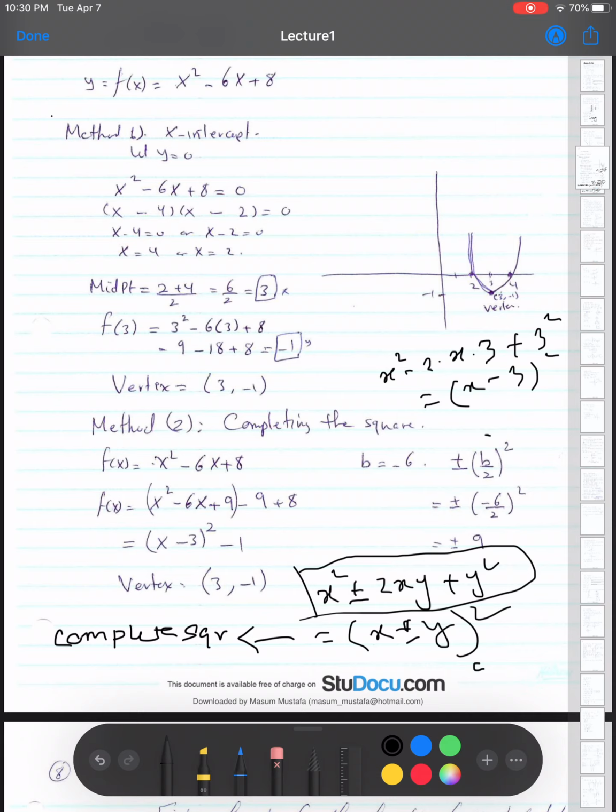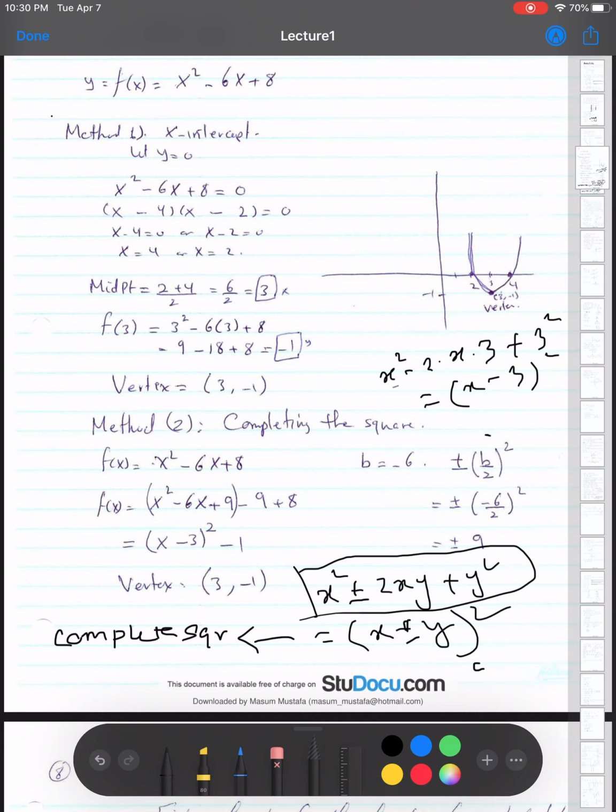So we'll try to break this function into a complete square. Let's see how we can do it. We have x squared minus 6x plus 8. This doesn't give us a complete square, so we'll try to make it work.